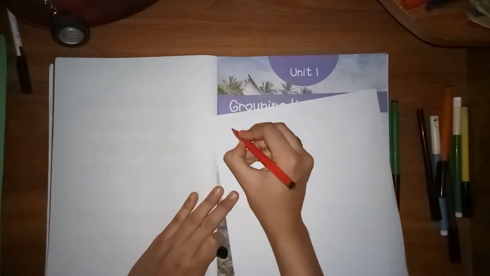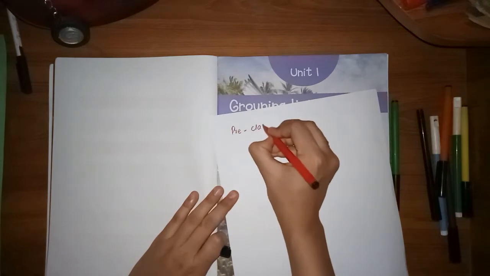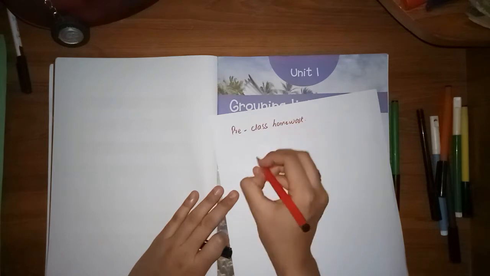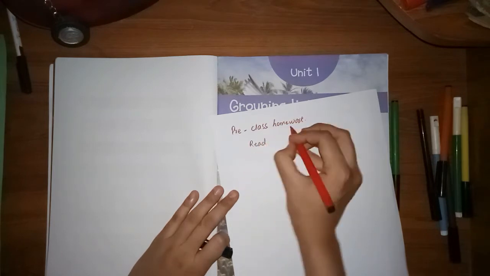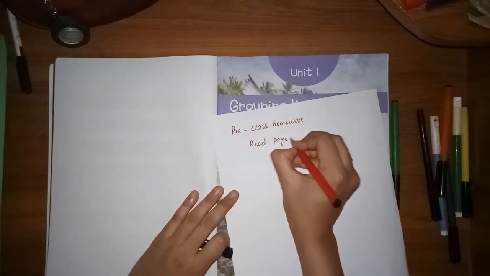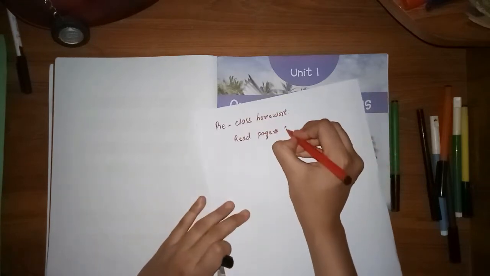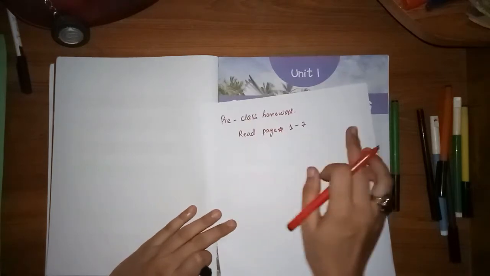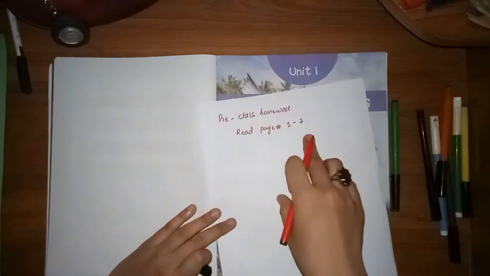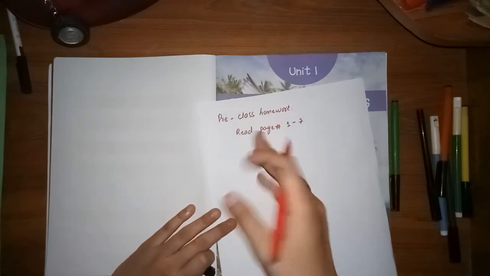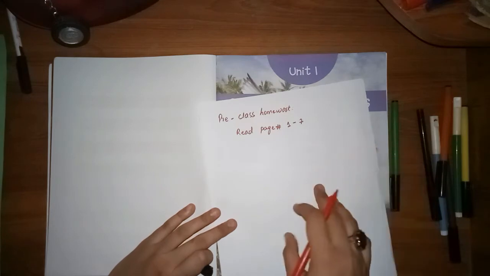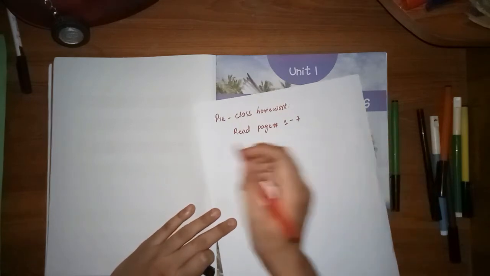The pre-class homework is that you have to read page number 1 till 7. Please do read pages 1 till 7 before continuing this video, so that you can grasp the idea of what I'm trying to teach.